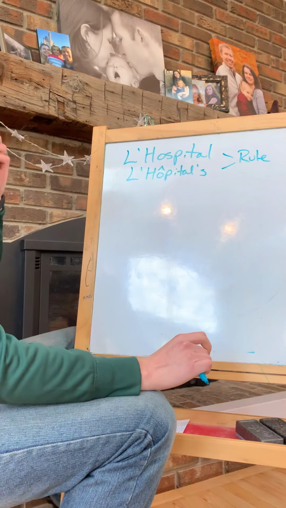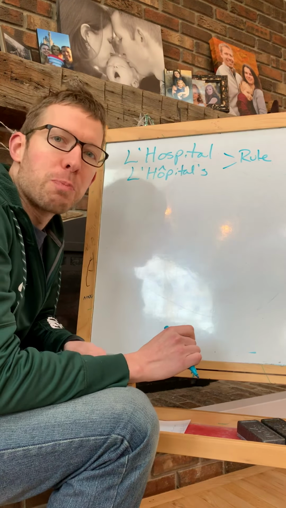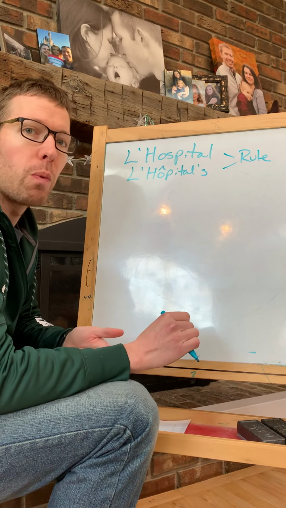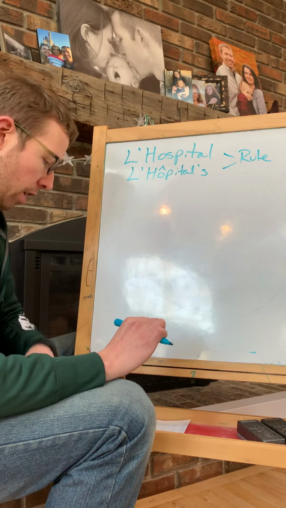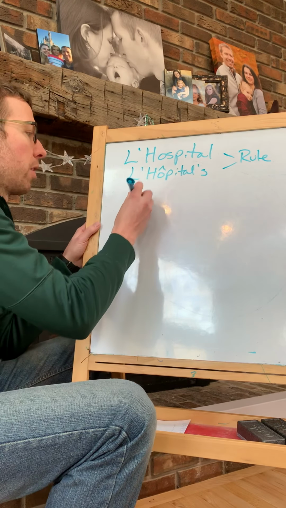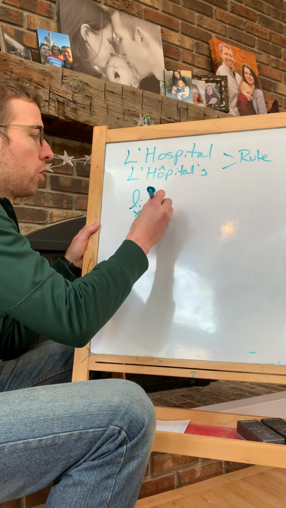Okay, perfect. So L'Hôpital's rule is a special way to find a limit of a function. So we've dealt with functions before where it's hard to find their limits. These could be as simple as the limit as x approaches 3 of x squared minus 9 over x minus 3.